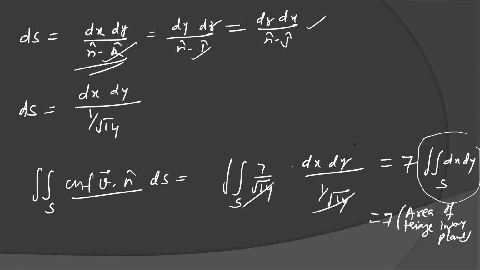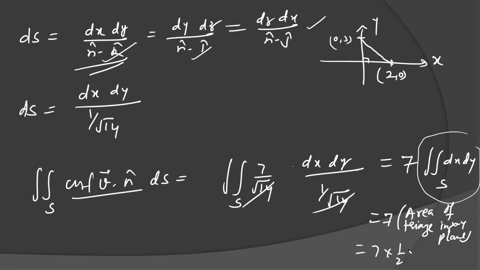So for the area of the triangle in the xy plane, you are dealing with y equal to z equal to 0. This is x, this is y. So the coordinate is 2 comma 0 because z is already 0. This is 0 comma 3. So this is the triangle. It's a right angle triangle. So the area will be 1 by 2, base is 2, height is 3. So the answer is 21 units.